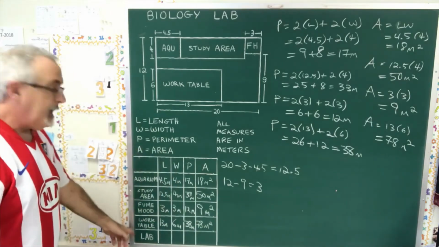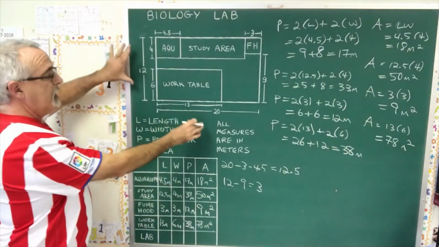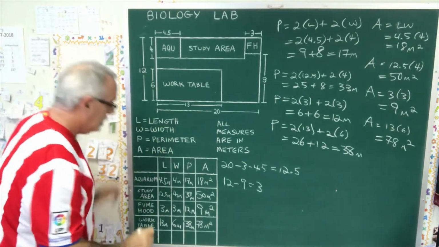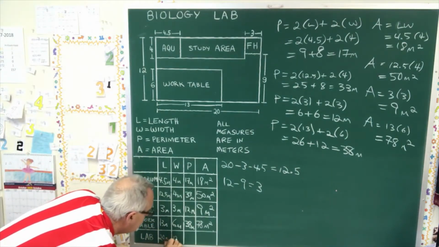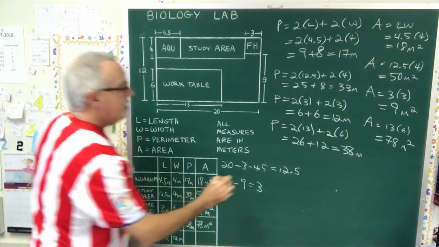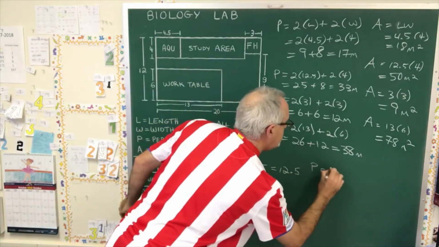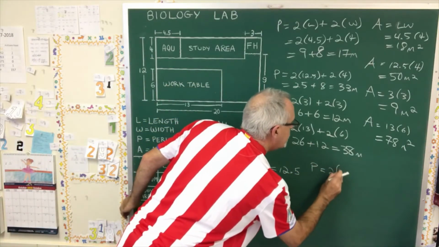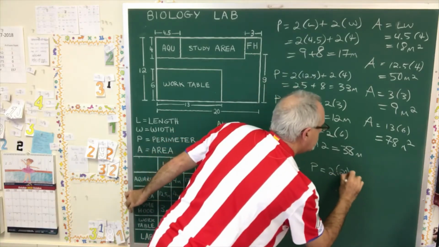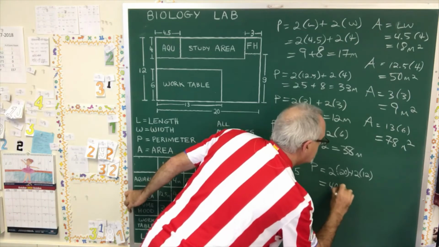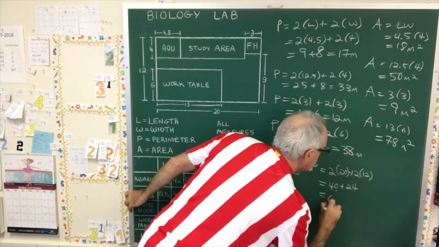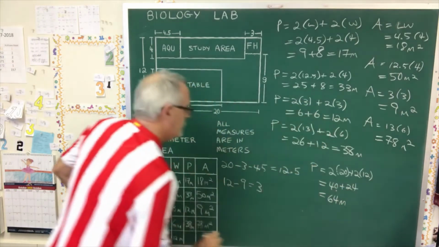Finally, we have the lab, the overall lab. Again, we're given the length and the width, that's the 20 and the 12. Perimeter of the lab, 2 times 20 plus 2 times 12 equals 40 plus 24 equals 64 meters.